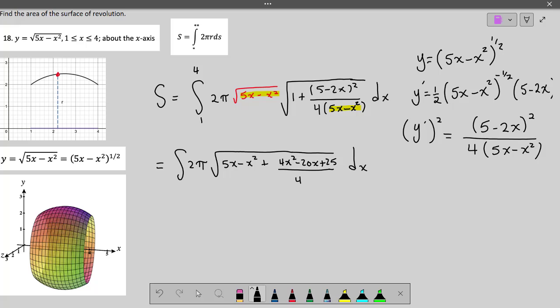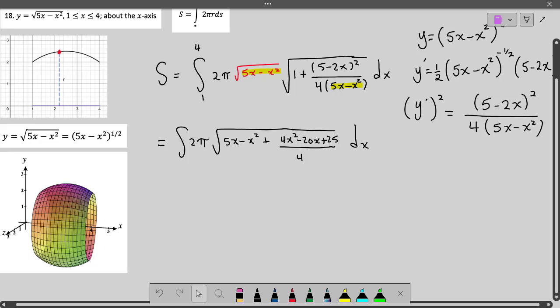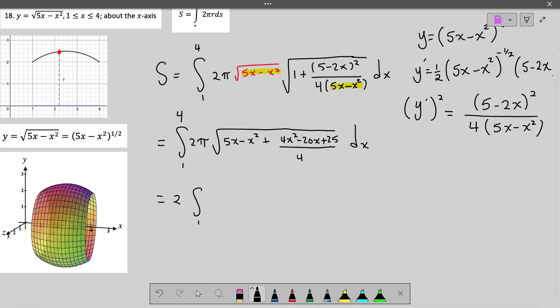So we'll have that. And if we divide by the 4, aren't we going to get a ton of cancellation?